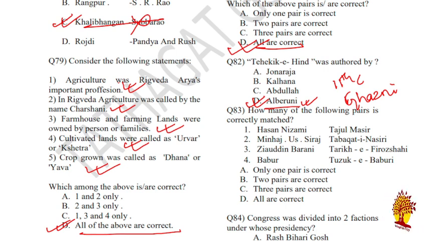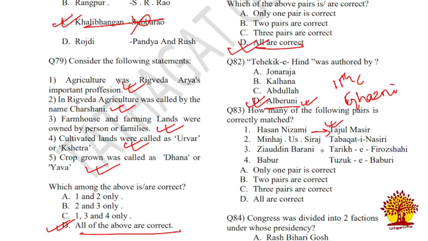How many of the following pairs are correctly matched? Here, Hasan Nizami wrote Taj-ul-Maasir, correct. Minhaj-us-Siraj, Tabaqat-i-Nasiri, it is also a right pair.